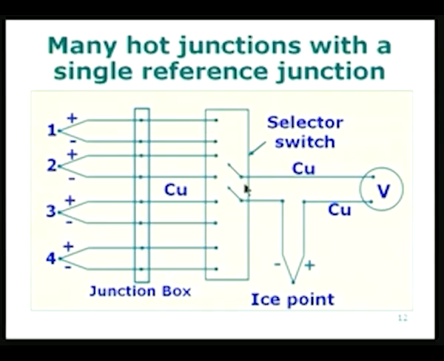Therefore, here by using a selector switch which is a rotary switch, most of the time made with gold contact, so that the contact is very good, we are able to use a single ice point cell with several hot junctions to measure the voltages one by one by selecting each one in turn and then putting them together. We are able to get the measurements of several junction temperatures using a single ice point as well as a single voltmeter. This is very important.